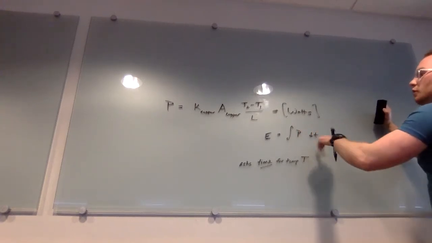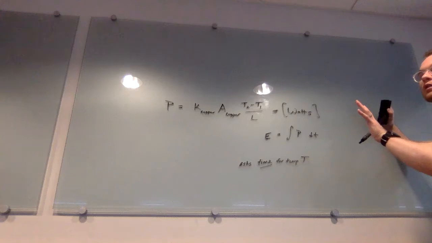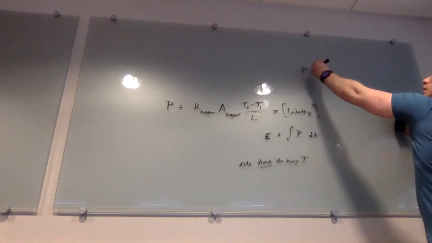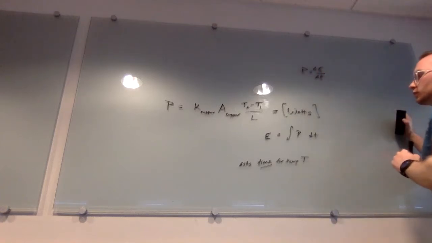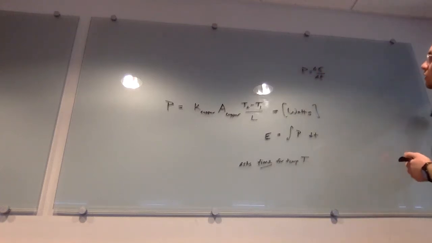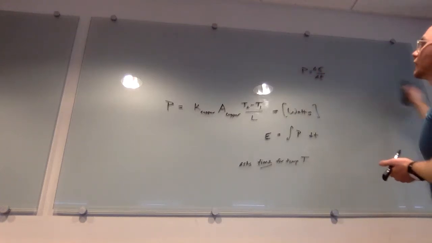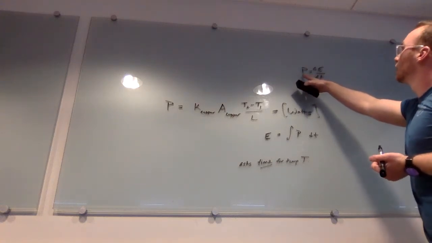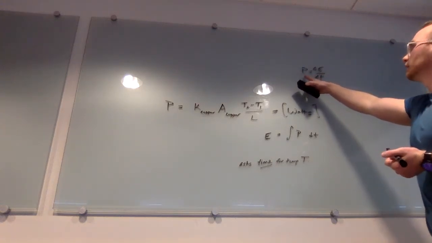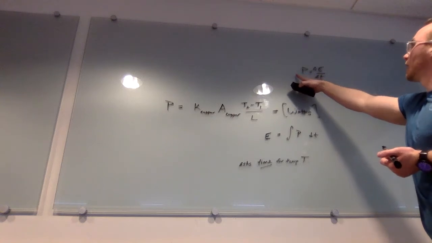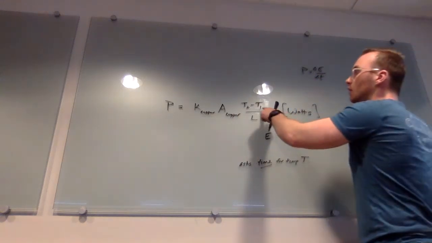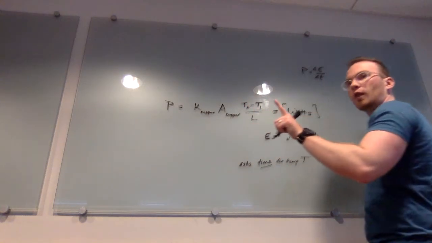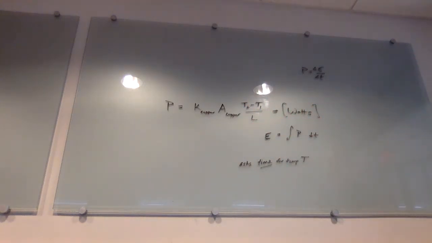Normally we would write something like P times T, because power is energy over time, right? Deltas. This is fine, but when we write it the other way, we're assuming the power is constant. We don't want to assume that because one of the temperatures is not changing, but the other one is changing.